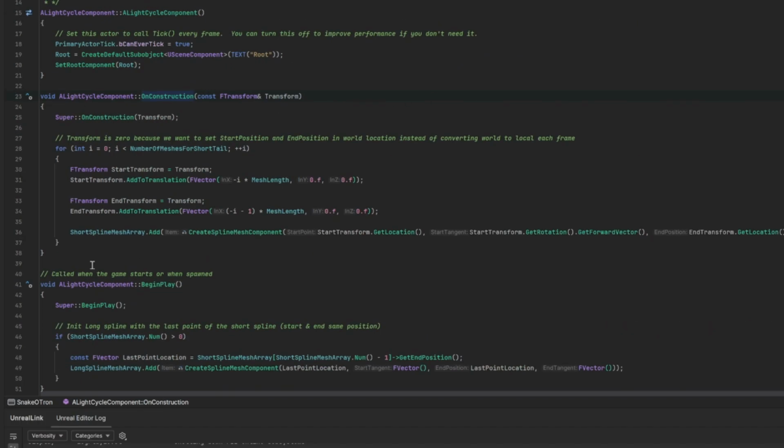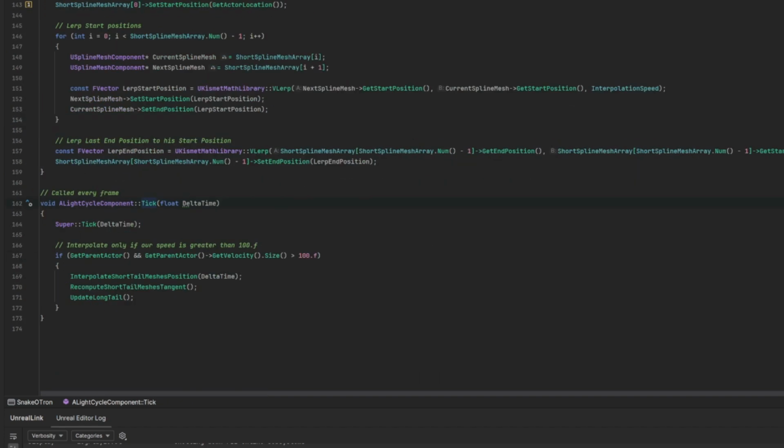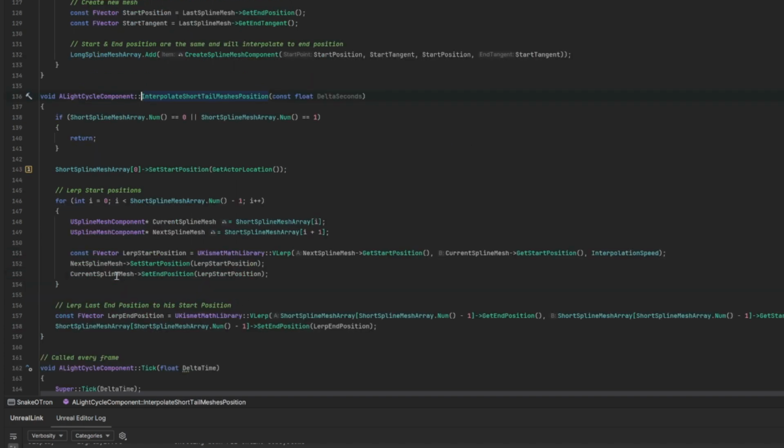On creation I just create the short tail, and on tick I compute the velocity of the parent actor, since it's a child actor attached to it, and if it goes greater than 100, that should be a field and not hard coded there, I interpolate the short tail mesh position.